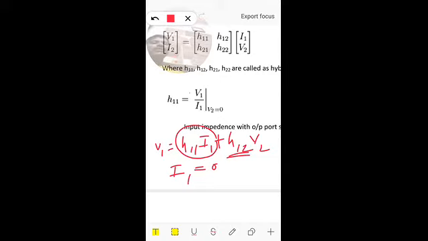So H12 is equal to V1 by V2, where I1 is equal to 0.